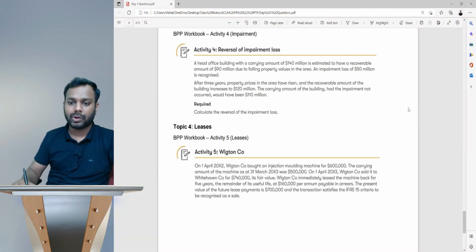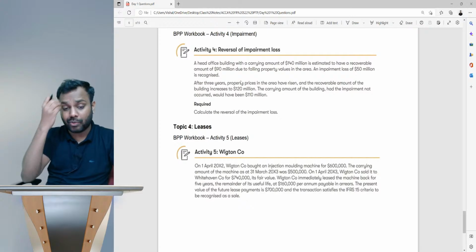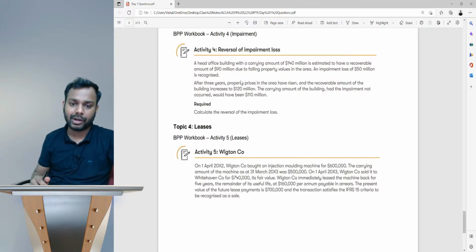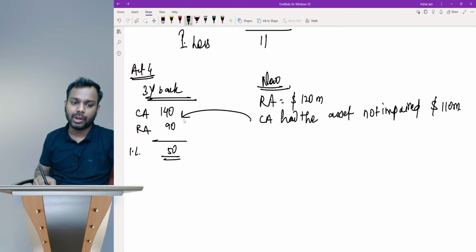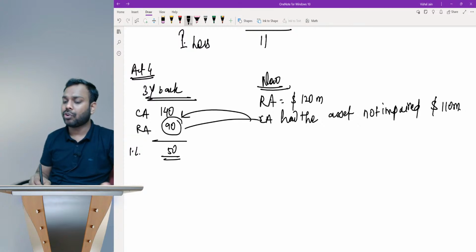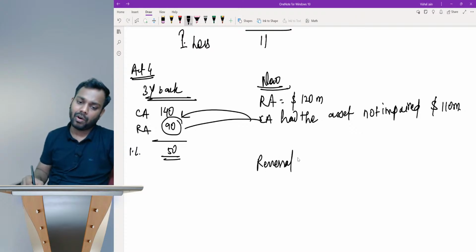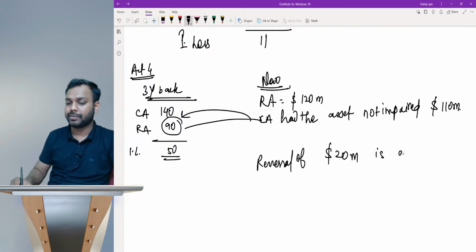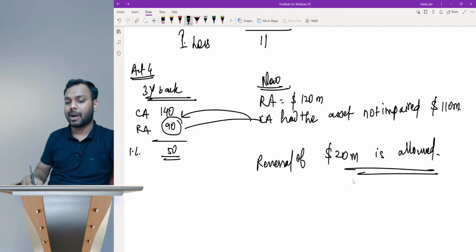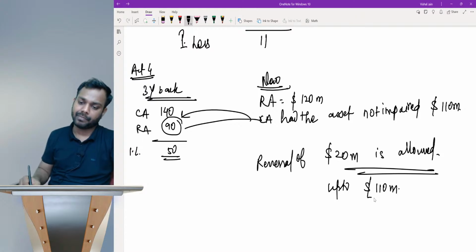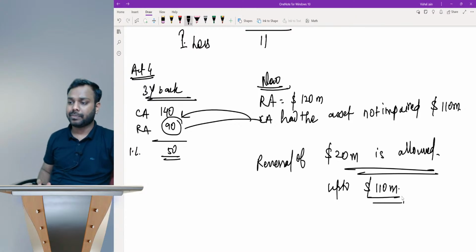So calculate the reversal of impairment loss. What will you do? You can make it from 90 to 110. That's all. So only a reversal of $20 million is allowed, up to $110 million. Is that clear, everyone?